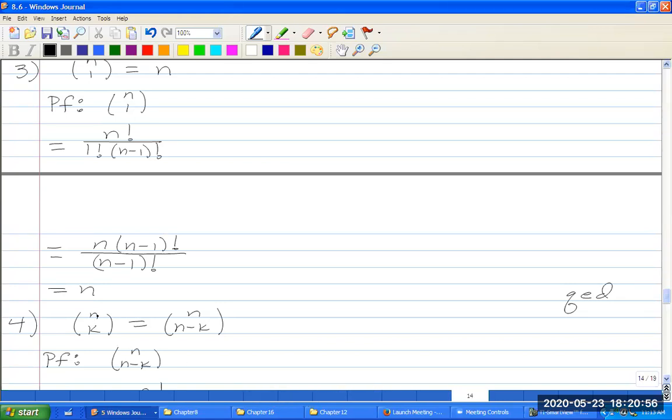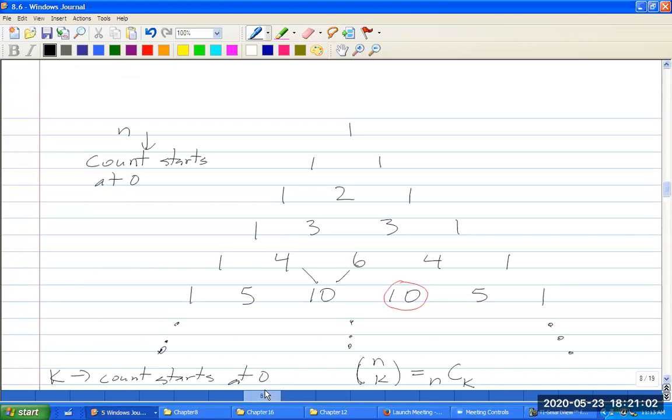I have nCk equals nC(n minus k). That just says that Pascal's triangle is symmetric. If I look at the middle here, then the lower half is identical to the upper half. It's just a mirror image of the other side. Okay, so let's do that.